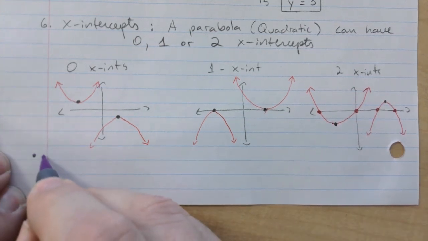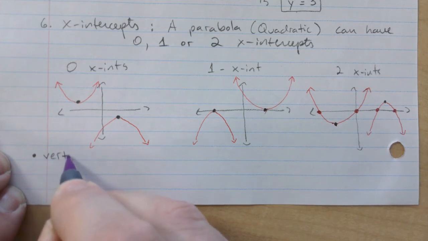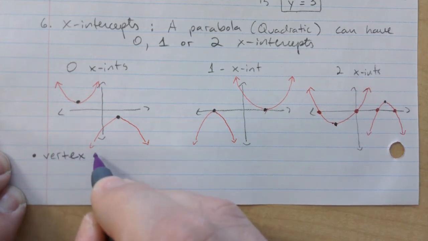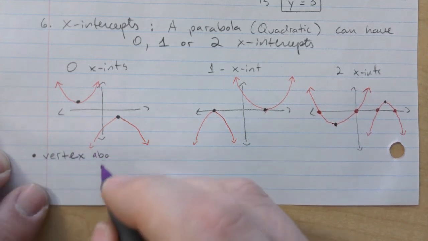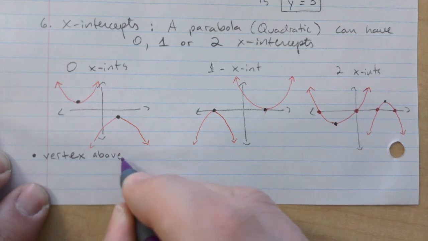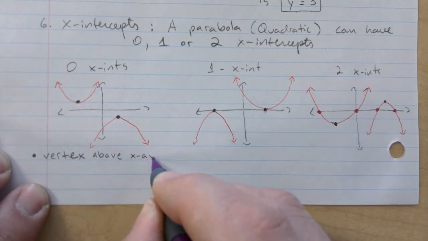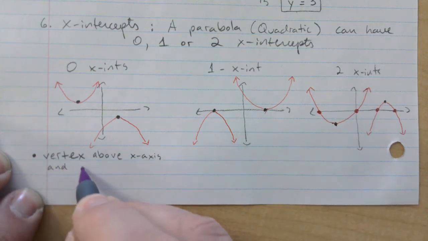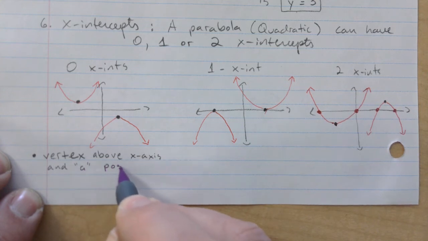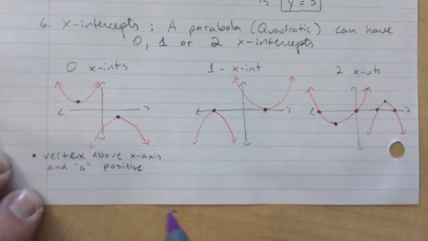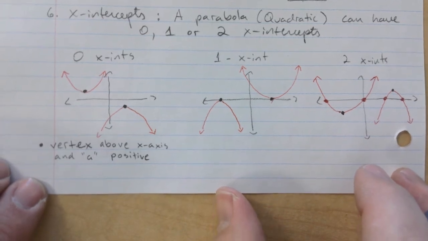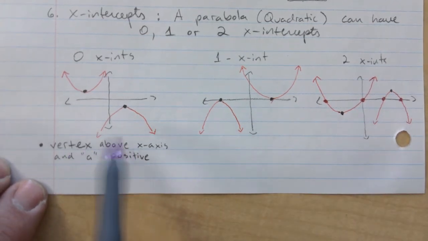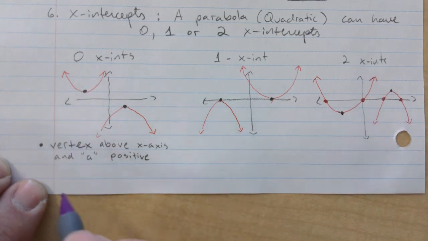So here, vertex above x-axis and a positive. So I know it's a little small, folks. I apologize. So vertex is above the x-axis and a is positive, then it points up.